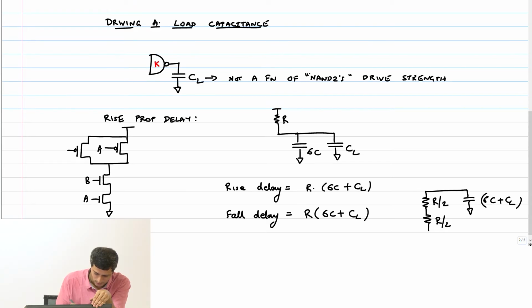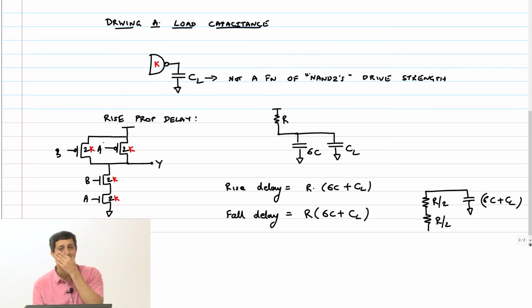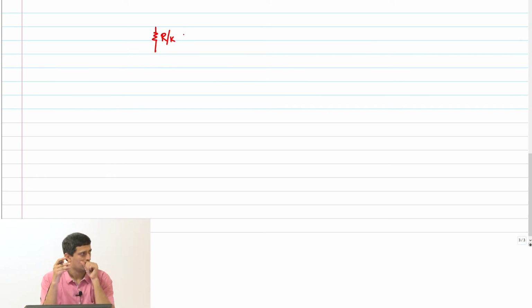So now this was 2, 2, 2, 2. Now I am making it 2k, 2k, 2k, 2k. Right? Therefore, the equivalent circuit will now become R by k. I have made the transistor bigger, resistance will drop, right?